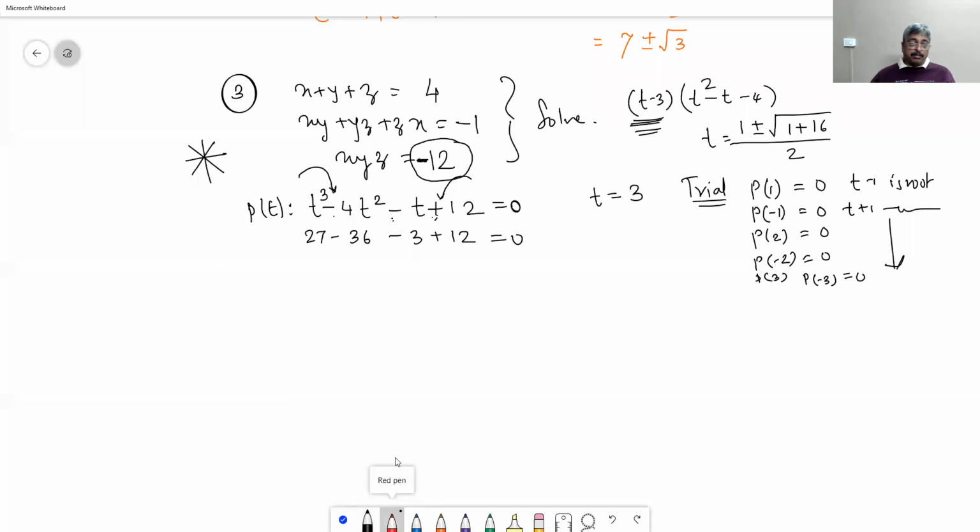So, with proper concentration, let me write sigma 1, or maybe xyz form, or I can write it like this also: alpha 1 plus alpha 2 plus alpha 3 is equal to 3 by 2.